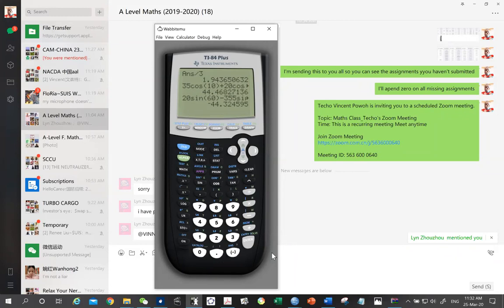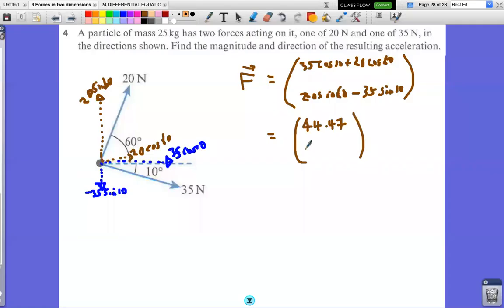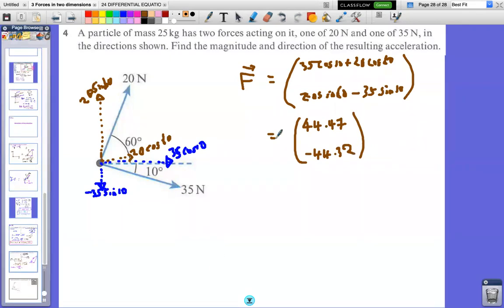That gives us negative 44.32. So that is negative 44.32. And so the magnitude will be the square root of 44.47 squared plus 44.32 squared, right?